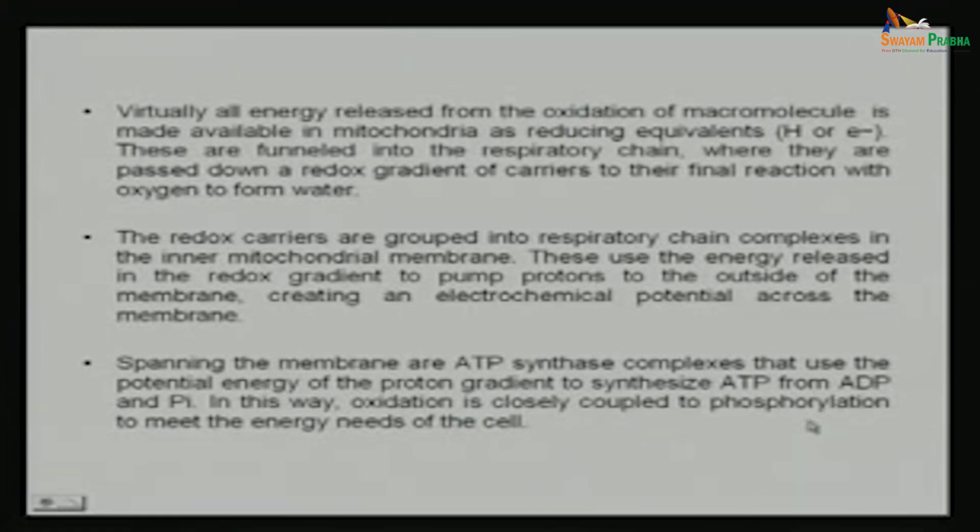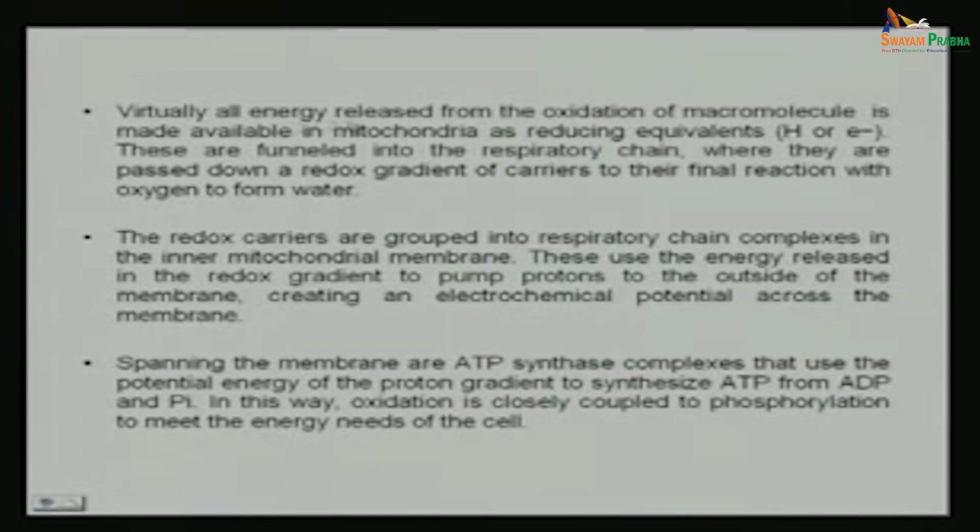Now, in conclusion, virtually all energy released from the oxidation of macromolecules is made available in mitochondria as reducing equivalents, that means the hydride ions and the electrons. These are funneled into the respiratory chain where they are passed down a redox gradient of carriers to their final reaction with oxygen to form water.